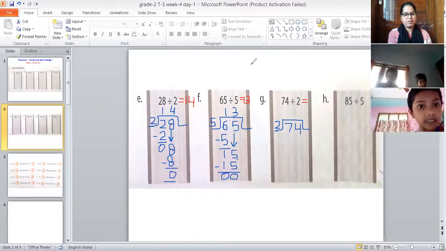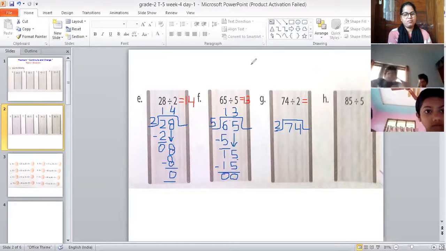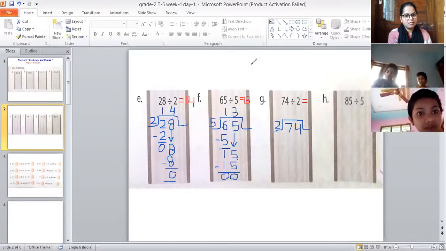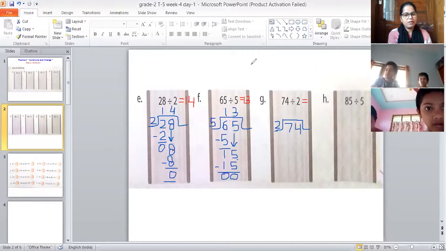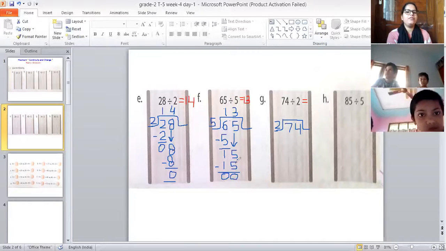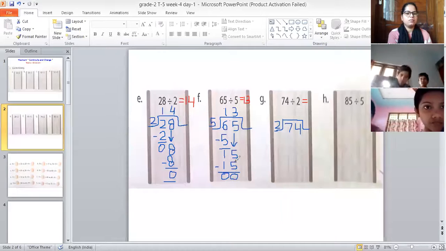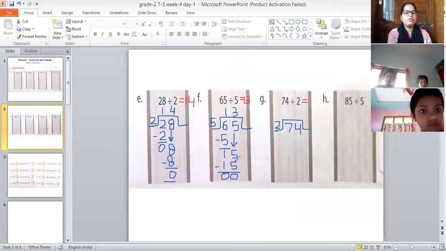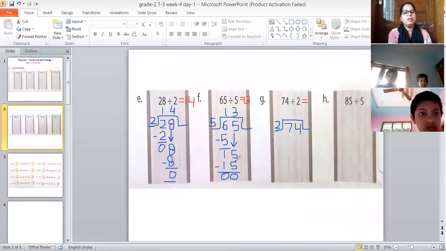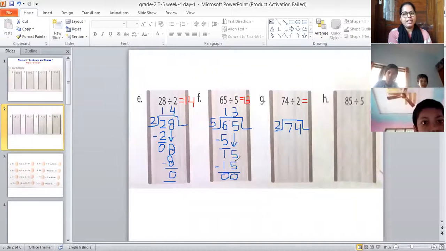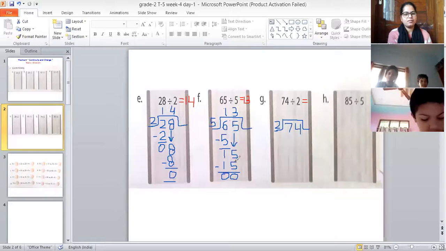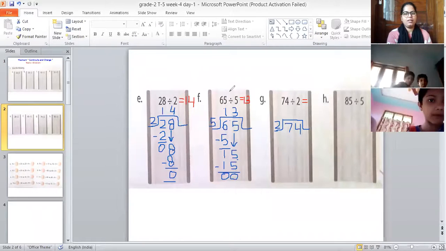Why 5? We have 5 threes are 15, no? The number was 15. So we have to recall 5 table, and we have to see when we are getting 15 in 5 table. So 5 threes are 15. That's correct.